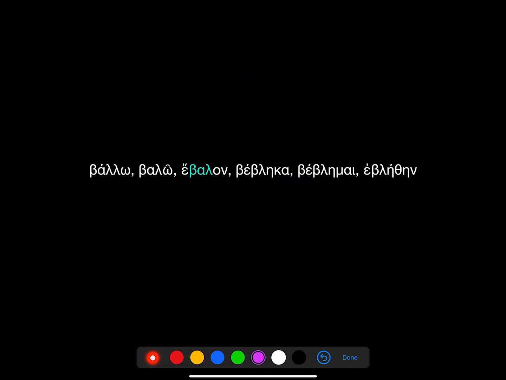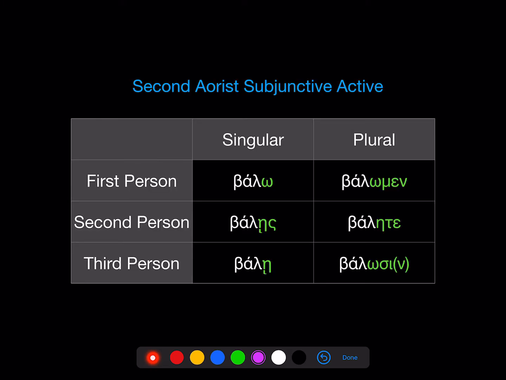All right, let's talk about second aorists. So we know that the second aorist indicative, active and middle, is formed from this stem from the third principal part. And we're going to use that same stem from the third principal part to form the aorist subjunctive active and middle.